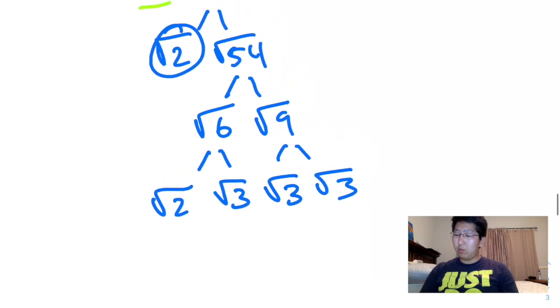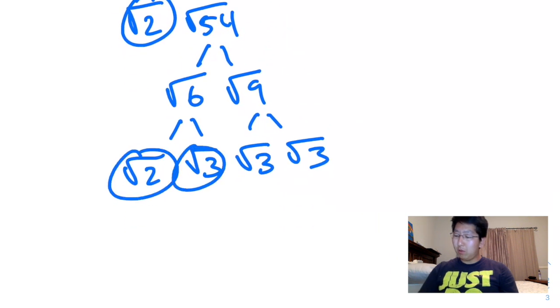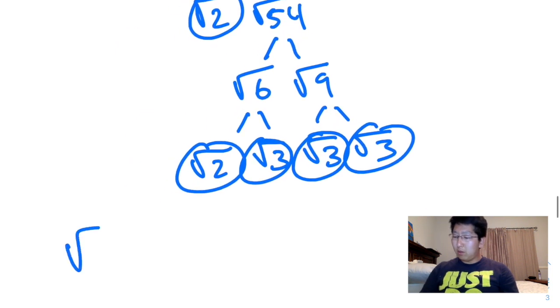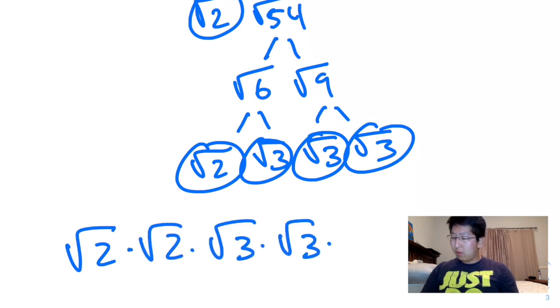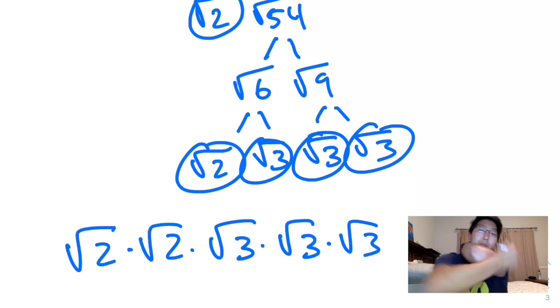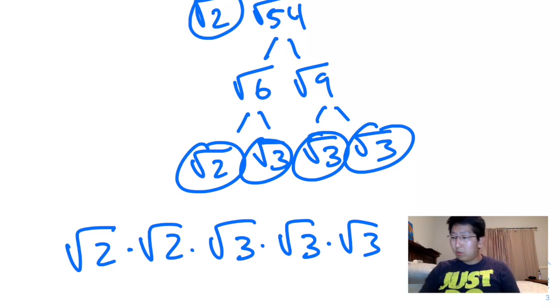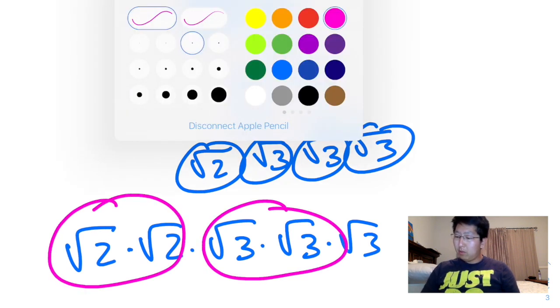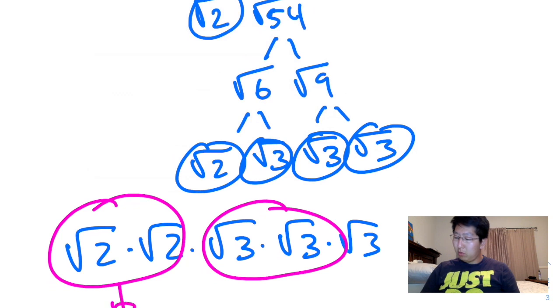So here I'm going to circle all of my prime numbers. Okay. Reorder them. Don't forget that square root of 2 up there. And then what I need to do is I need to find my pairs. So here's one pair, here's another pair. So here we're going to have 2, 3, and the square root of 3.